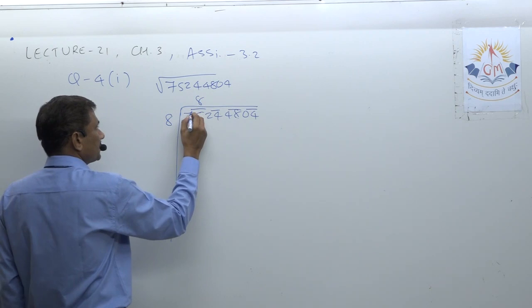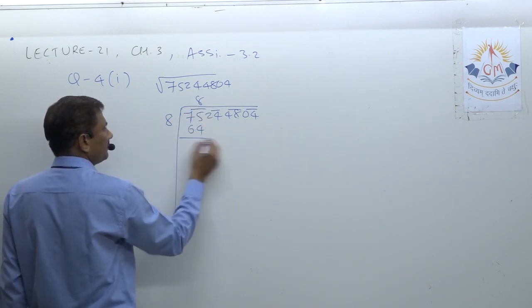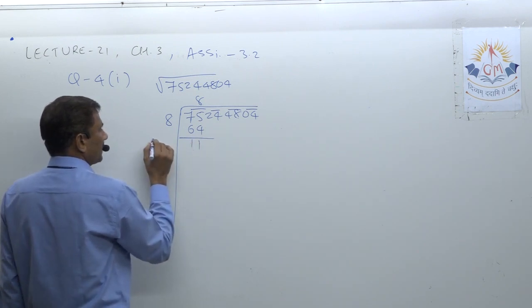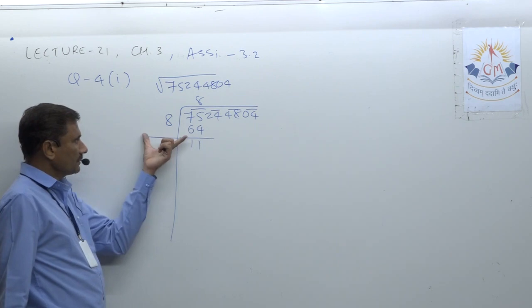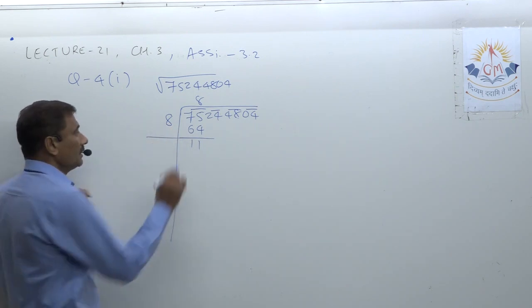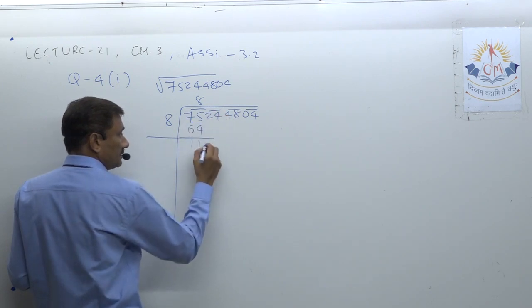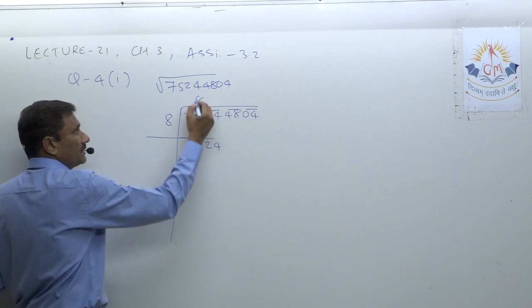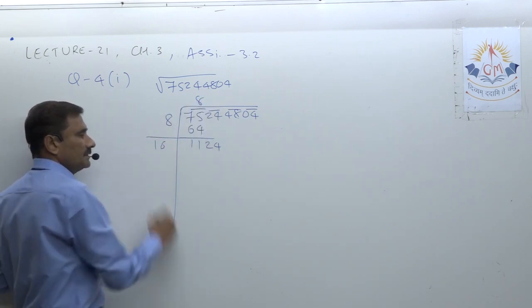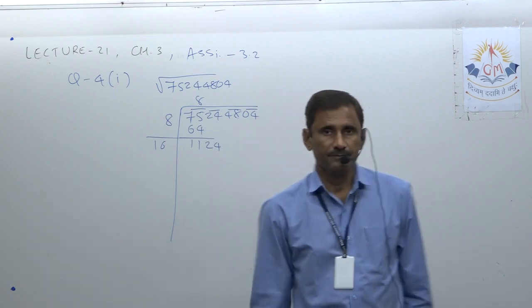So I just reach at 8. So 8 8s are 64. 75 minus 64, 11 left. Make a line up to this level so that you know clearly. Now bring down the whole pair, not a single digit, never a single digit, whole pair. Now write down whatever is here, 8, so write down 16. Double of the quotient should be written at the next step.